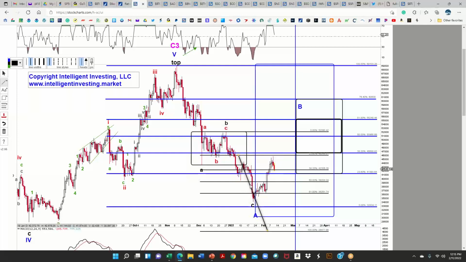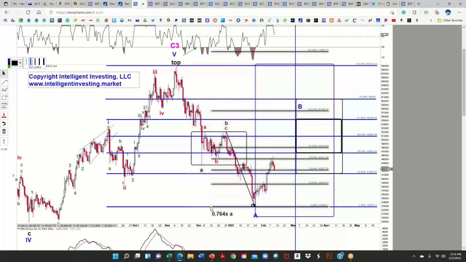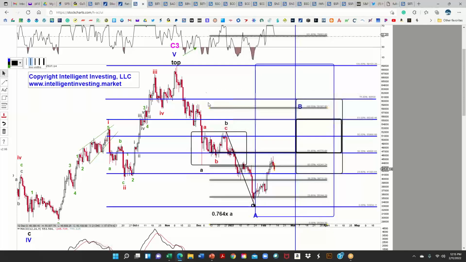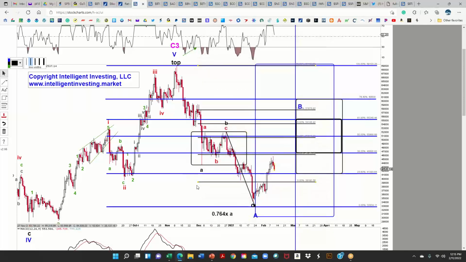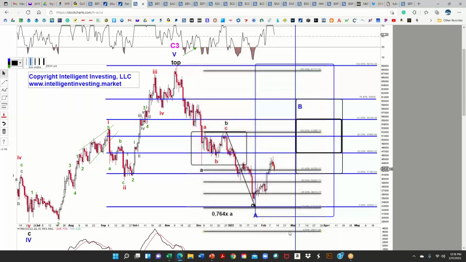And that is exactly 76.4% times the length of wave A. This is 0.764 times the length of wave A. Again, I can simply move this around. There we go. And you will see this pattern absolutely materialize. There you go, because we bottomed at 23.6, which is the reverse of 76.4 if you subtract it from 1.